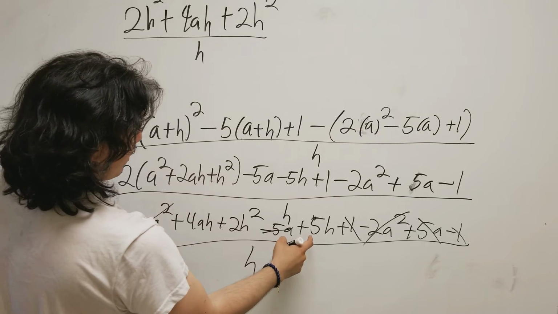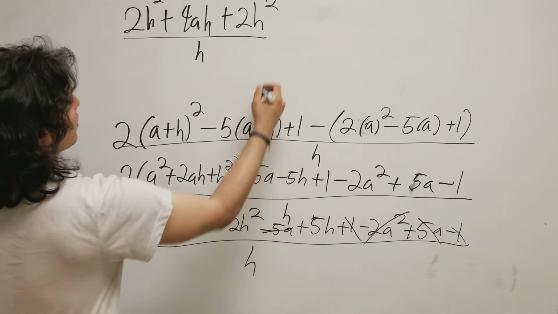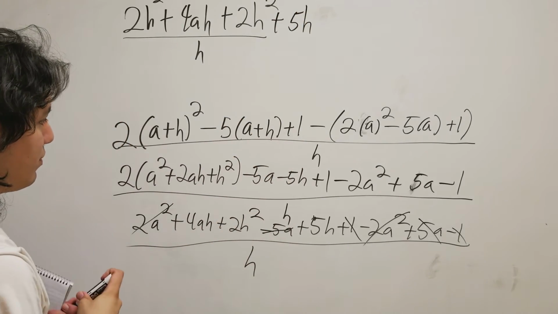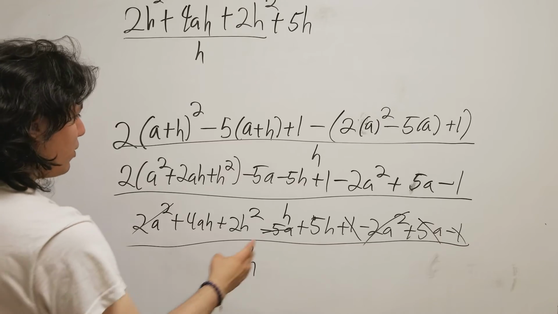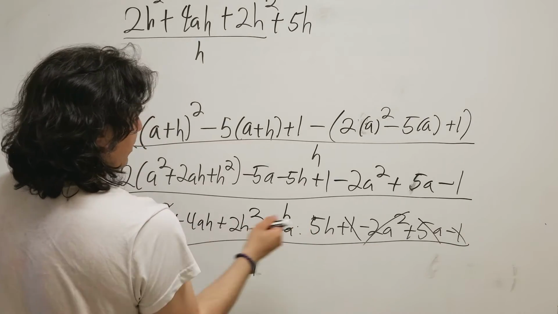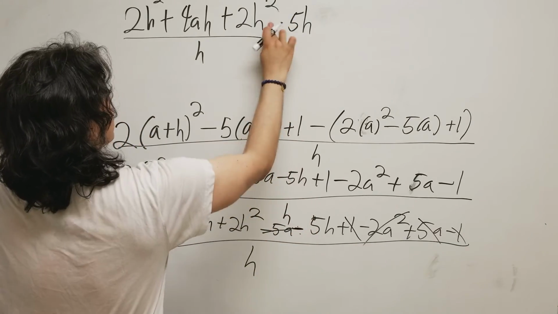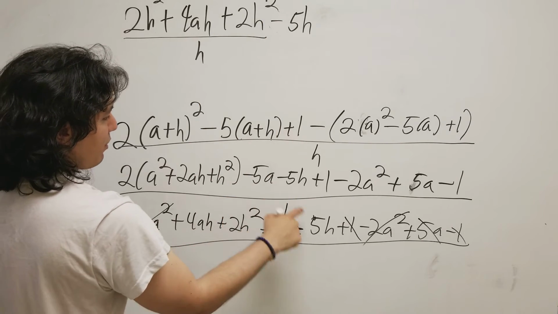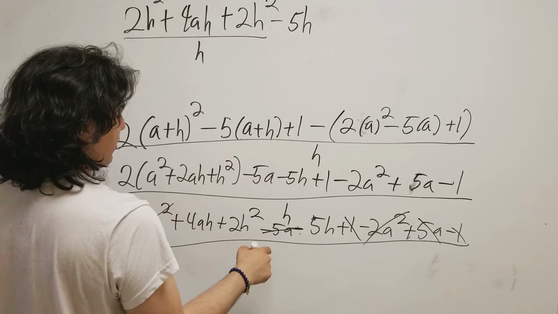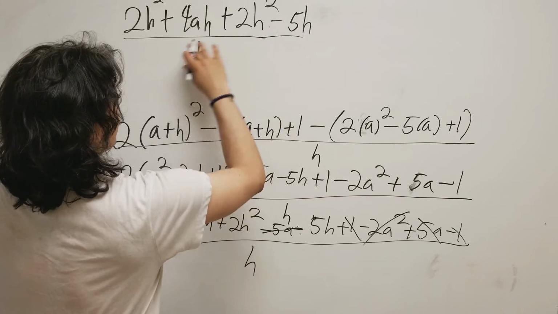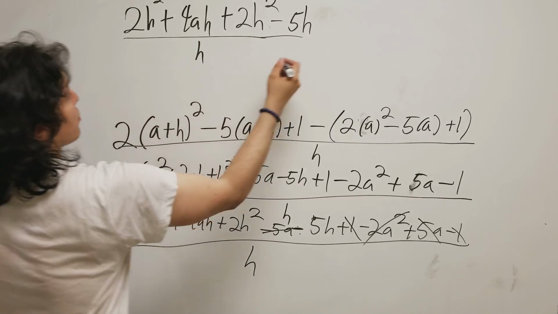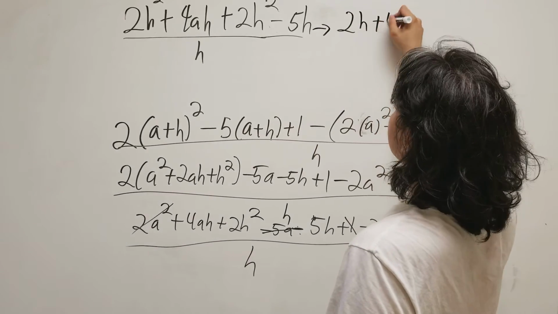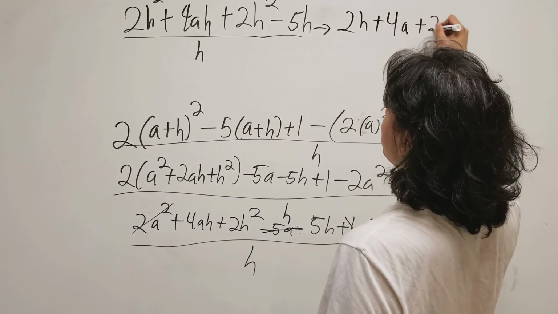I'm mixing up my signs. It's minus 5h because you see 5a and negative 5h, so it's negative still.